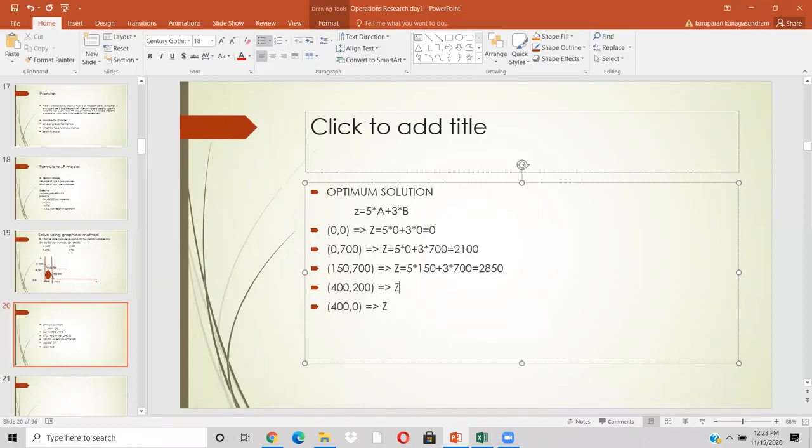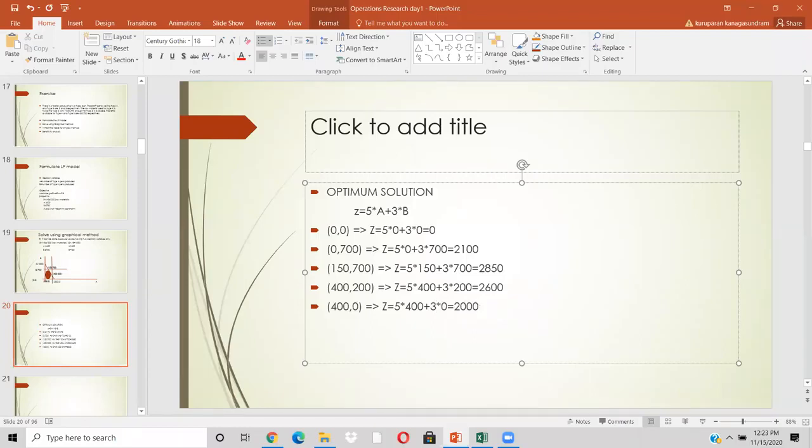Similarly here, 5 times 400 plus 3 times 200, that's 2600. And Z equal to 5 times 400 plus 3 times 0, that's 2000. Okay, fine.